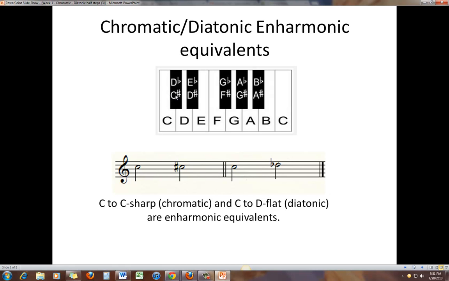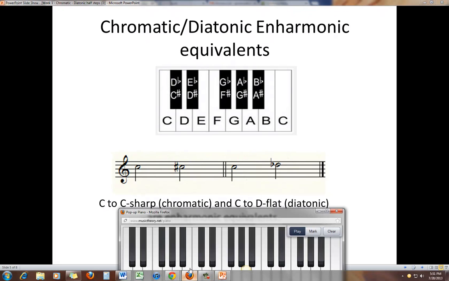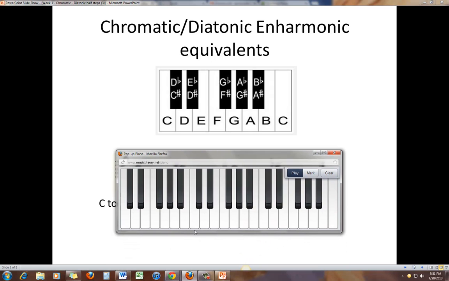C to C sharp is a chromatic spelling of the half step between these two keys. C to D flat is a diatonic spelling of the half step between these two keys. So it's going to sound exactly the same regardless of how you spell it.